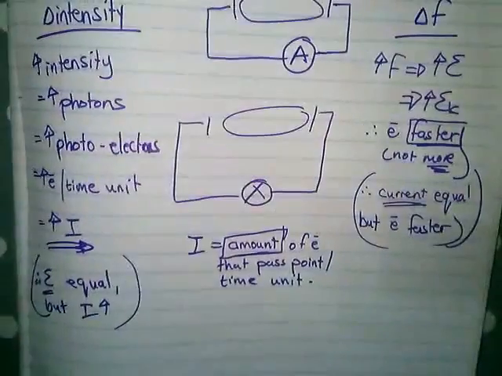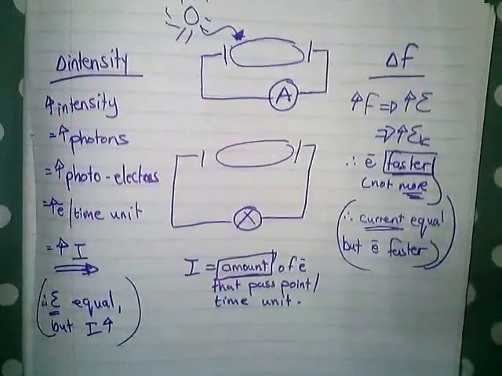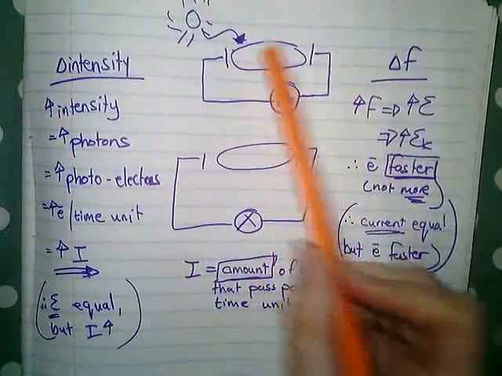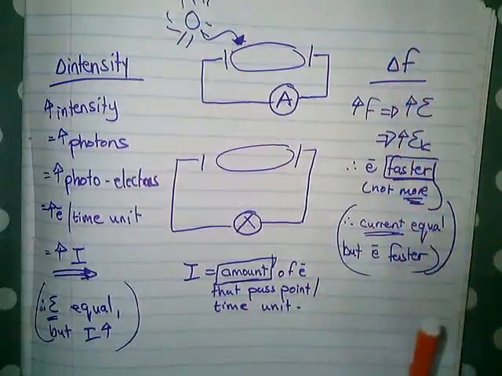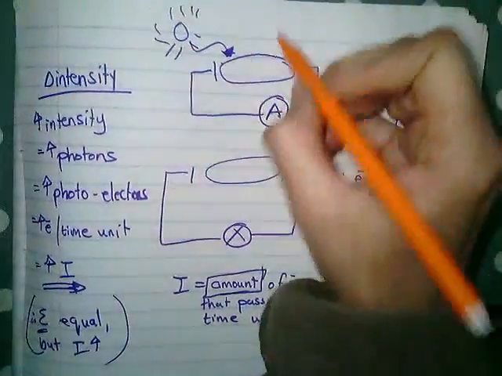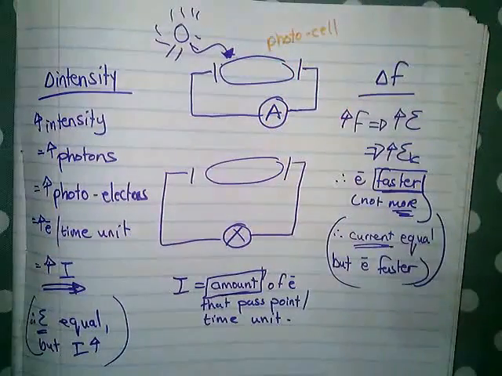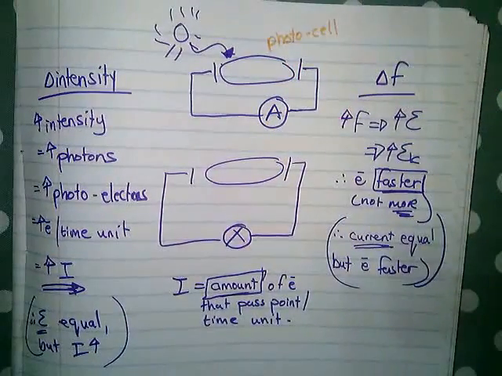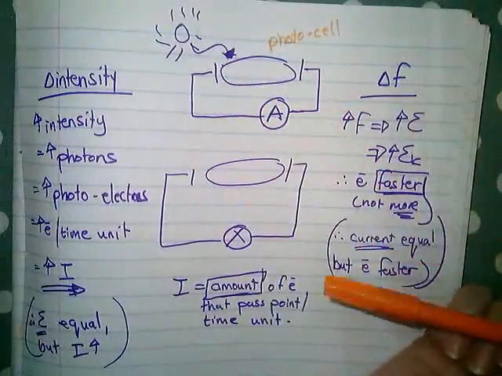So then, if we put the metal there and we connect it to a circuit, we call this a photocell. That is going to provide current to this circuit.